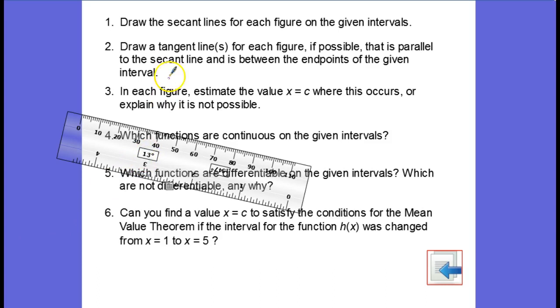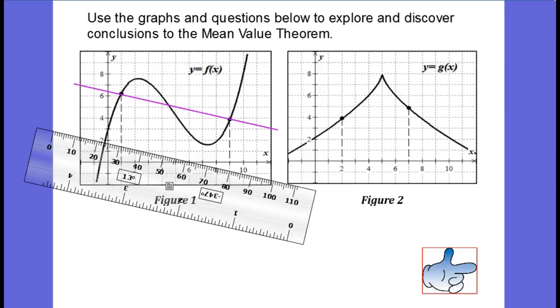Now in question 2, they also want me to draw a tangent line for each figure if possible, parallel to the secant line, and also between the endpoints of the given interval. Alright, let me go ahead, and before I move on to the other figures, let me do that. And since they want it to be parallel, I am going to copy this line and shift it.